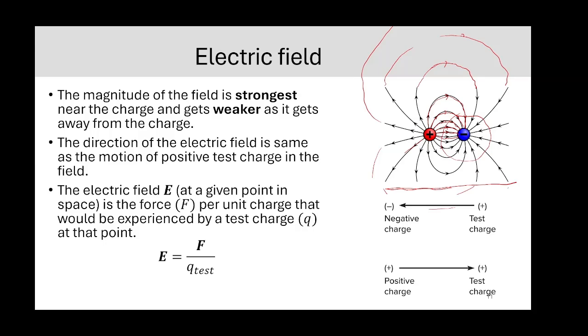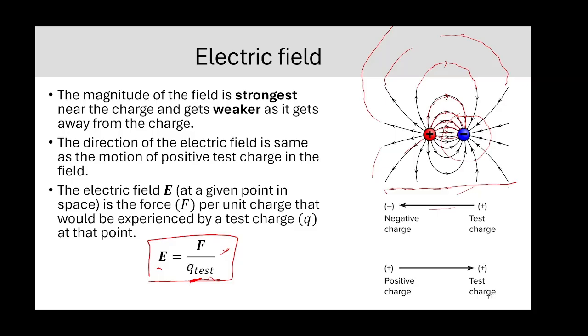We can define the electric field as the force per unit charge, and the charge we use is a test charge, and generally the test charge we use is a positive test charge. Mathematically, we can write electric field is equal to the force experienced by this test charge over the charge of the test charge we are using.